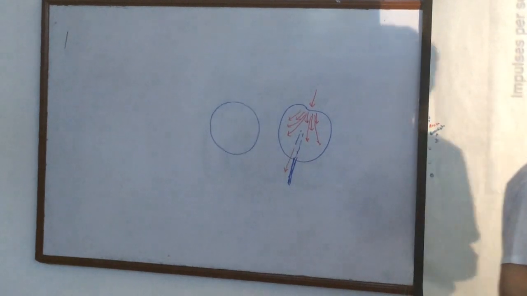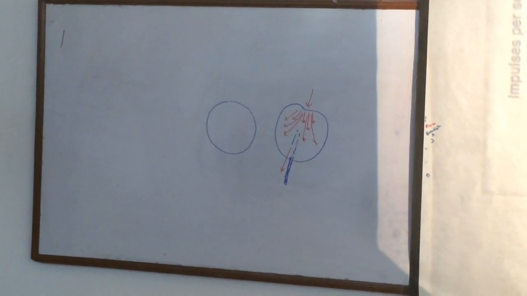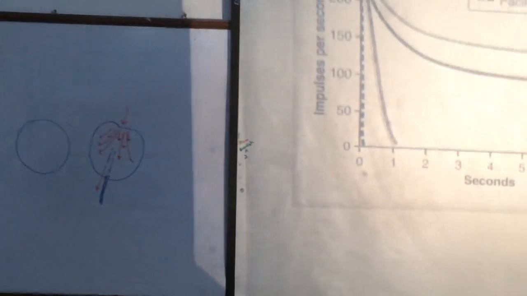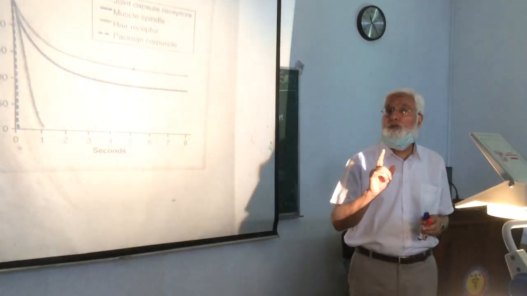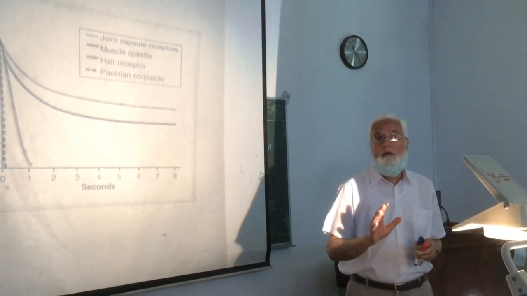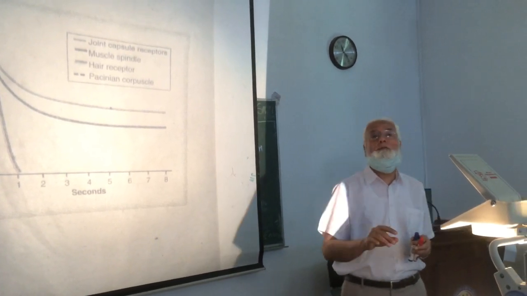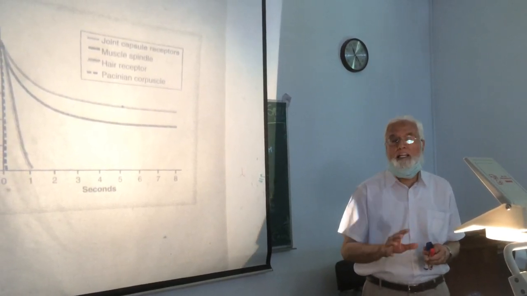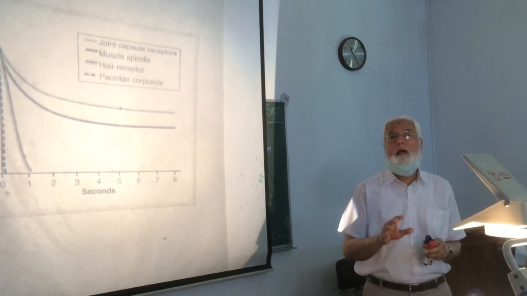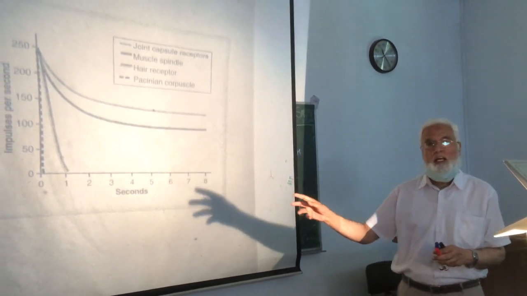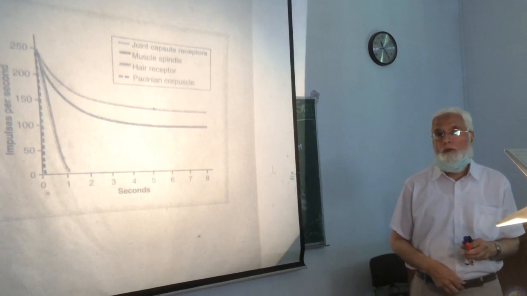The second mechanism of adaptation is that because of the continuous application of the stimulus, there is inactivation of sodium channels in the membrane of the nerve ending, and this results in adaptation. This is called accommodation.